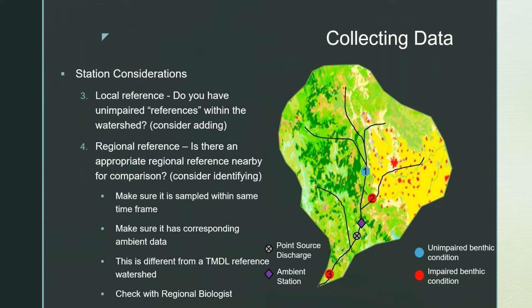And what's the purpose of that? Well, we can look at all of the water quality parameters that we see in this TMDL watershed and compare them with the water quality parameters of this unimpaired site. And if we see differences, aha, that's a good line of evidence that maybe that's a parameter impacting this particular benthic community.